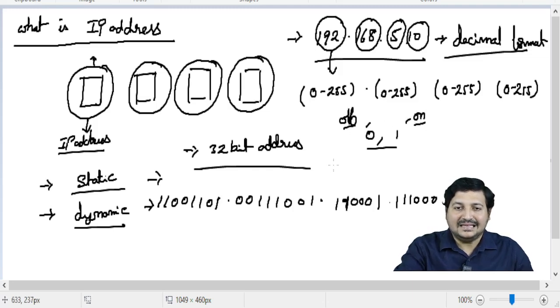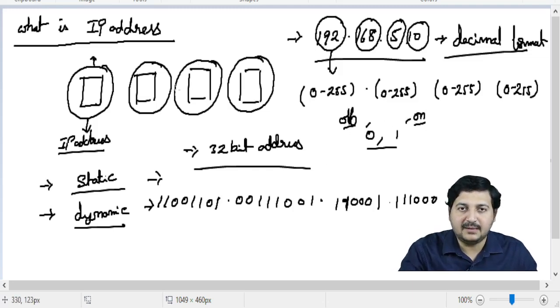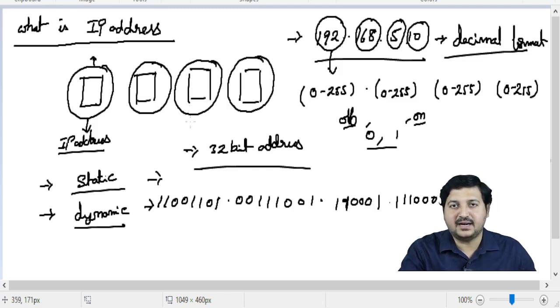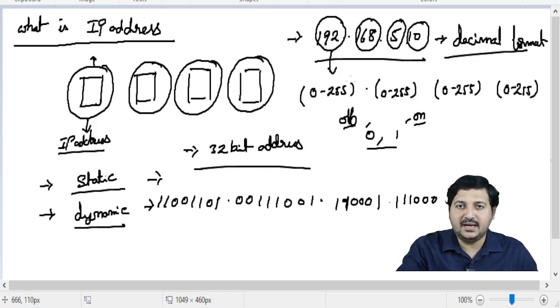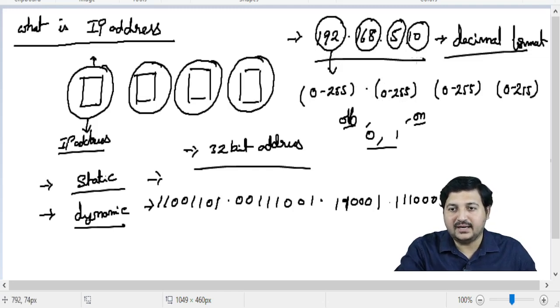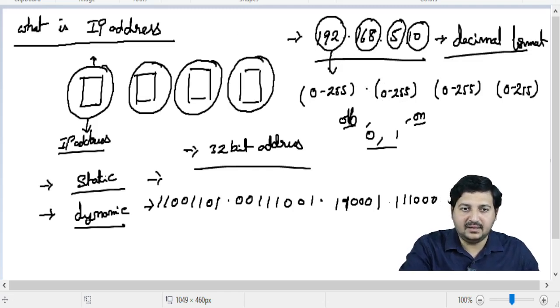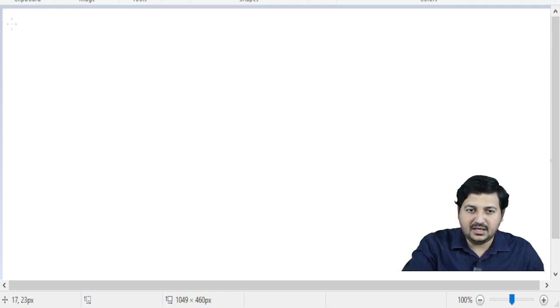In simple terms, what is an IP? IP is used to identify a machine within a network, and by default it should be represented in binary format, but for our understanding we represent it in a dotted decimal system. Let me go a little deeper and explain. Take any IP address in this format, 192.168.5.10.